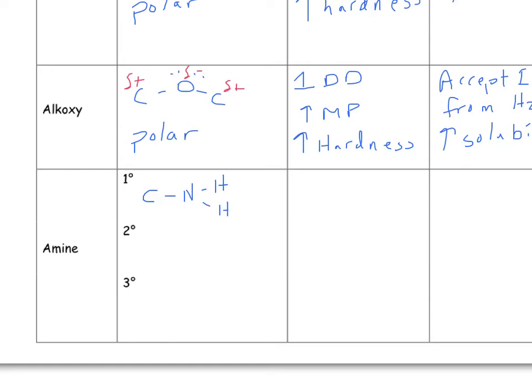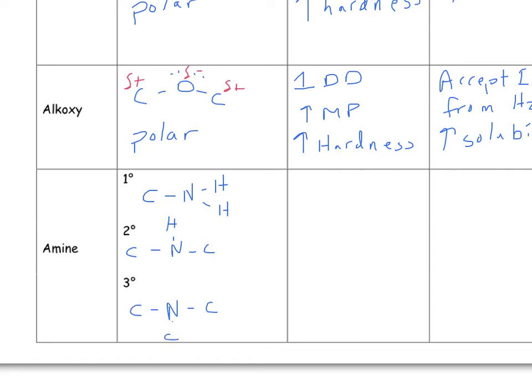A secondary amine is when your nitrogen is attached to two carbons. And a tertiary amine is when your nitrogen is attached to three carbons.